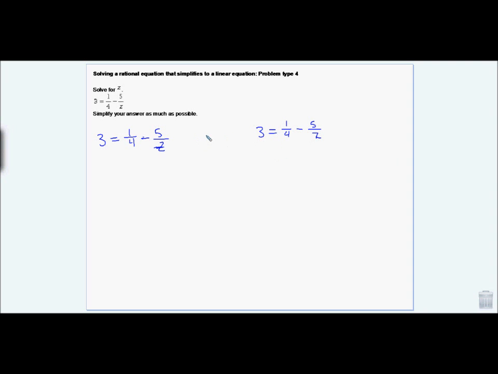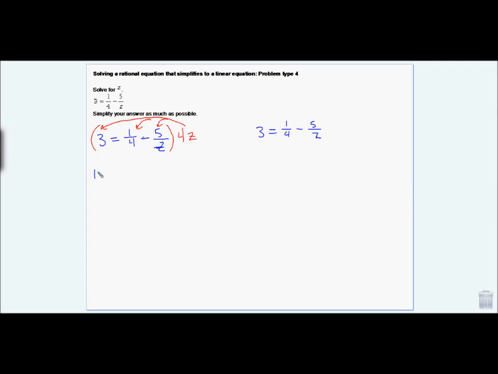I'm thinking personally, my favorite method when you have fractional rational expressions like this with just one term in the denominator, I like to clear all the fractions. My common denominator is 4z, so I'm going to multiply every single term in the entire equation by 4z.